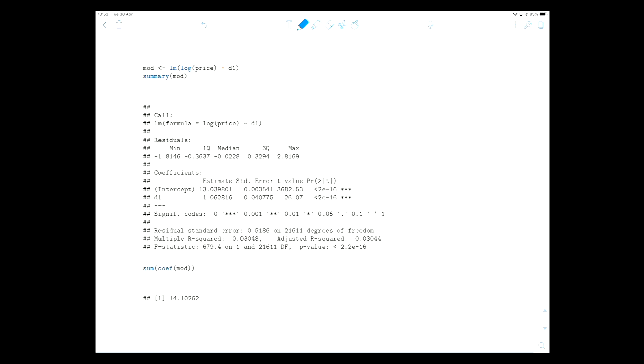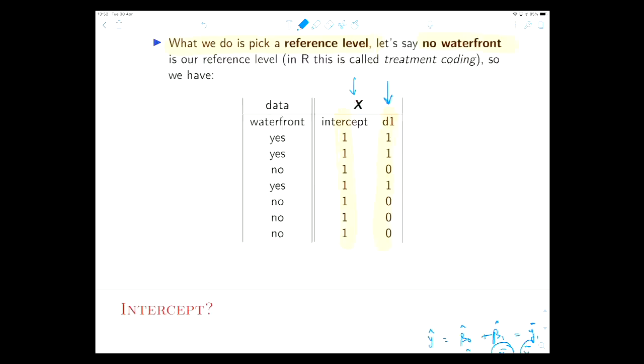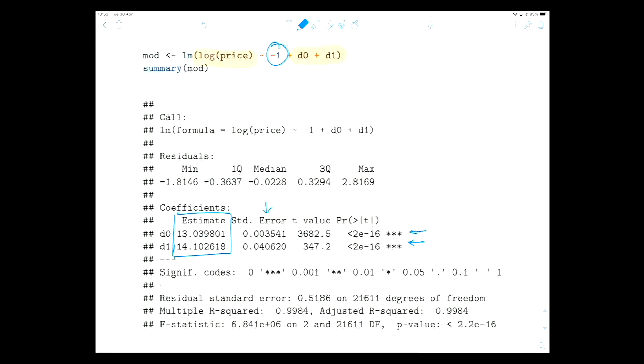Notice the estimate for the intercept is 13.039, which is equal to Y0 bar. We can go back a couple of slides and confirm.